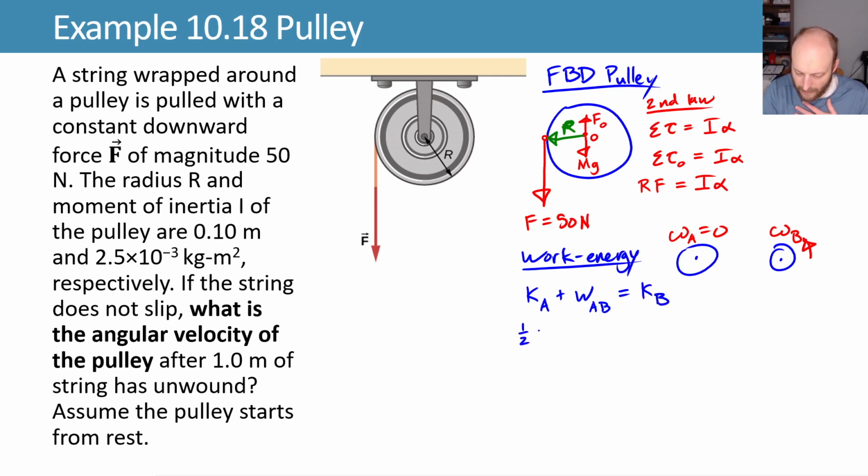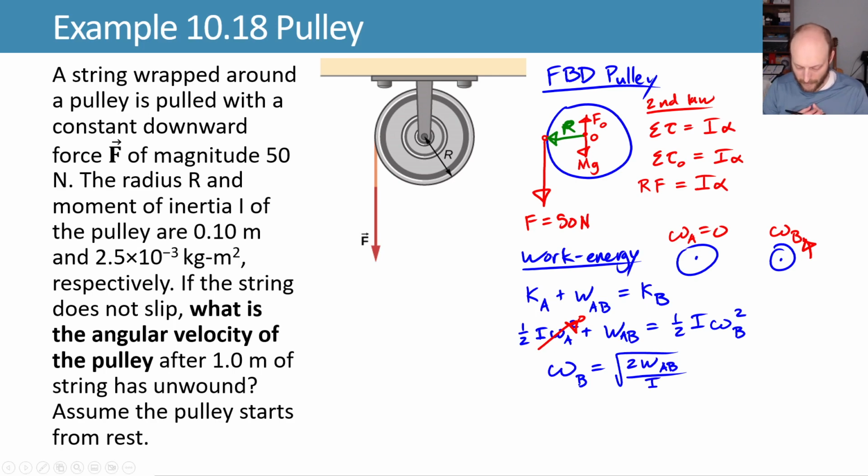That's 1/2 I omega A squared plus my work is equal to 1/2 I omega B squared. I know omega A is 0. So I can solve for omega B in terms of the other stuff. Multiply by 2, divide by I, take the square root, and we get omega B is equal to the square root of twice the work divided by my moment of inertia.